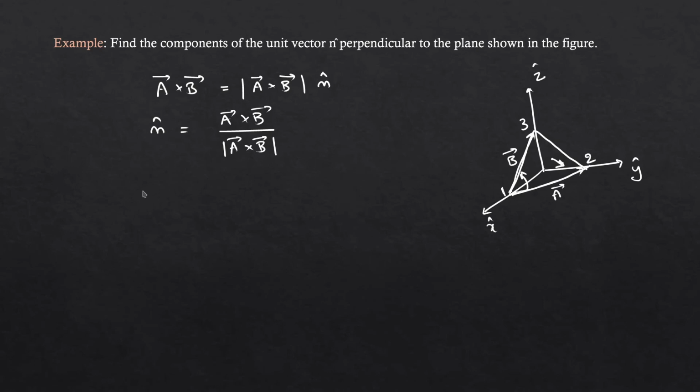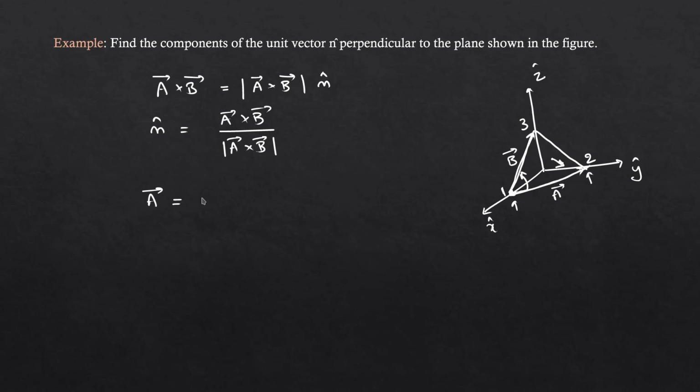So let's calculate A cross B. First, what is vector A? Vector A is formed by this point and this point. So we are going 1 in the negative x and 2 in the positive y.